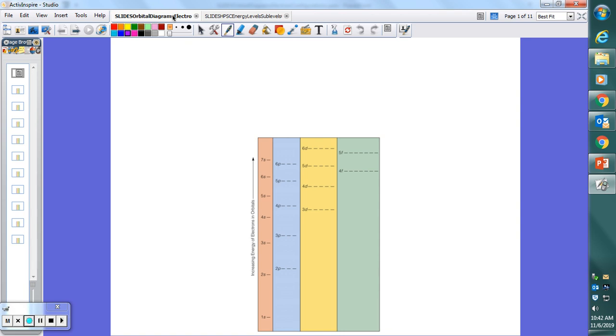We almost always start with hydrogen for two reasons. First, why would we start with hydrogen? One electron, right? And two, hydrogen is the most common atom that we find in the universe. If we look at all the atoms in the entire universe, hydrogen is the most common by a long shot, so it makes sense to start there.